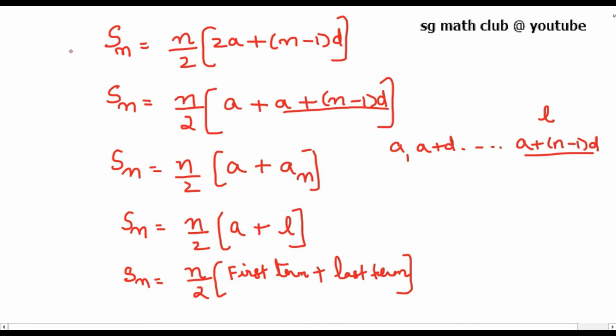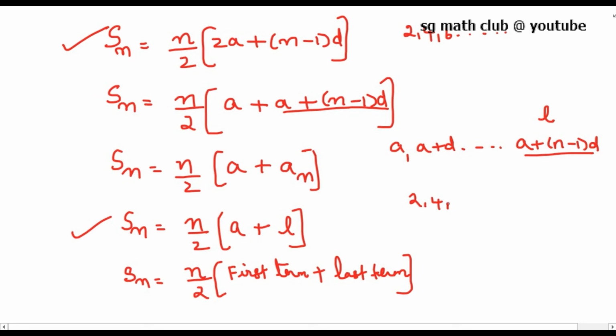So we have studied two formulas to find the sum of the first n terms of an AP. The first one is n by 2 into 2a plus n minus 1 into d, and the second one, if the last term is given, is Sn equal to n by 2 into a plus L. If they give something like 2, 4, 6, etc., find the sum of the first 100 terms or the first 20 terms, then you can use the first formula.